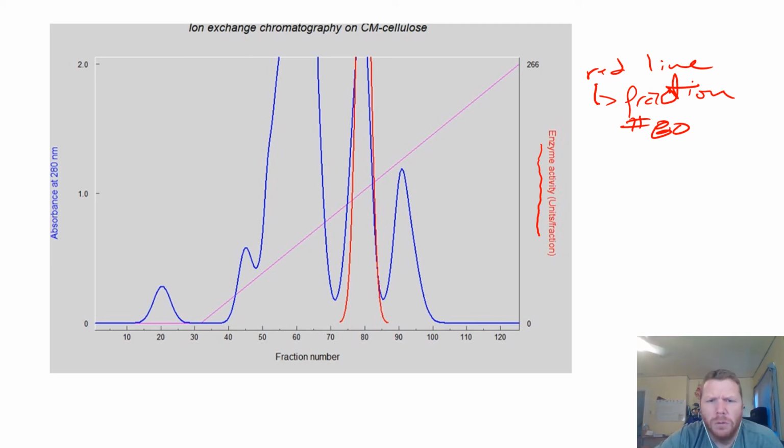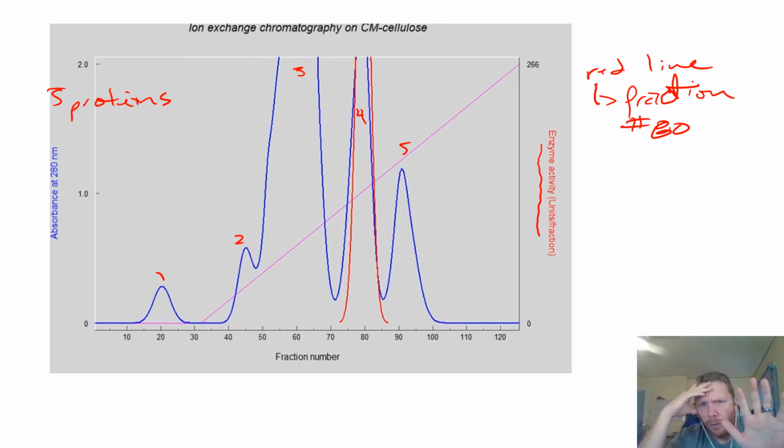For the sake of simplicity, let's just say that there's 5 proteins in this mixture. Protein 1, 2, 3, 4, and 5. So we started out with 5 proteins in this mixture.